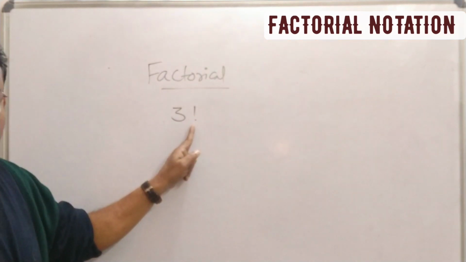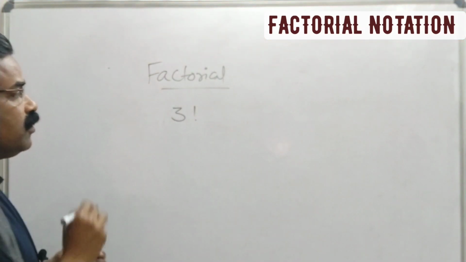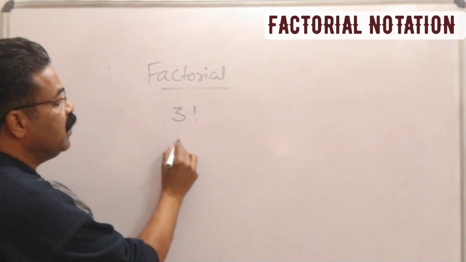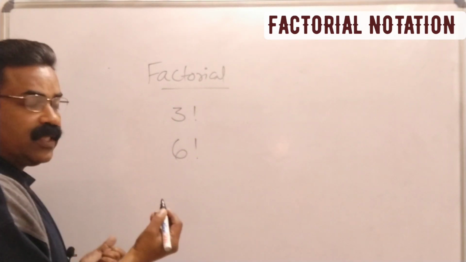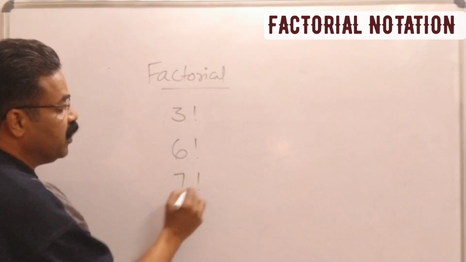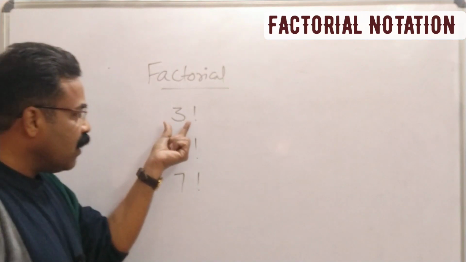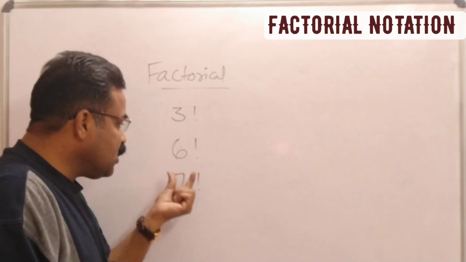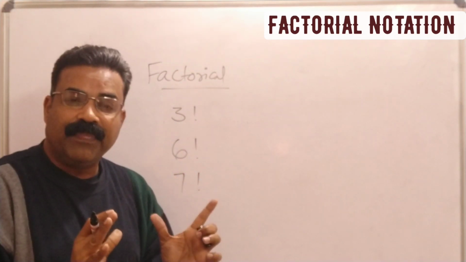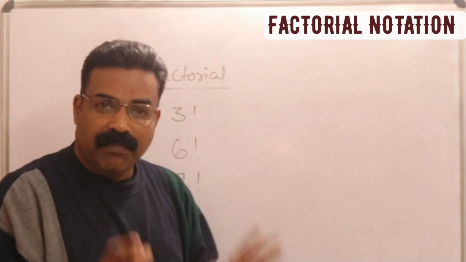This exclamation mark indicates the factorial. Let us also take 6 factorial and 7 factorial. When I say numbers like 3 factorial, 6 factorial, 7 factorial, what does it actually mean?